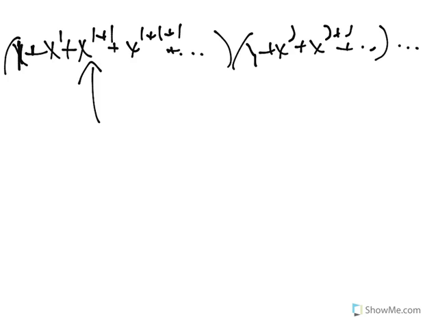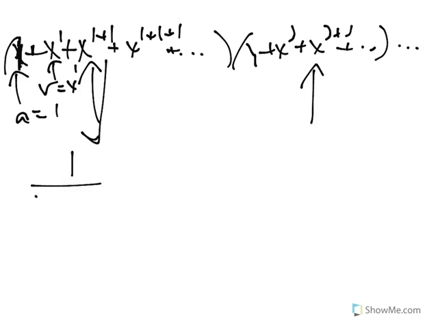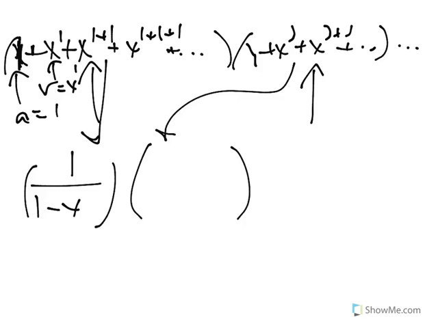Each of these individually is a geometric series, where a is 1 and r in this case is x to the first. So this whole thing could become 1 over 1 minus x. Likewise, this is also a geometric series because you multiply 1 times x cubed, you get x cubed.